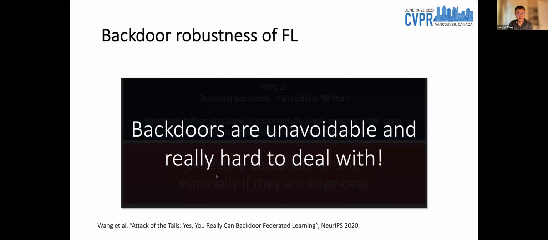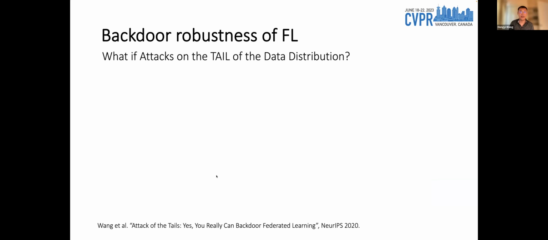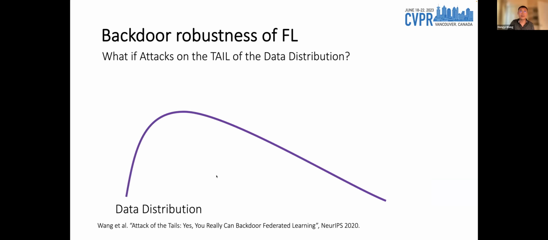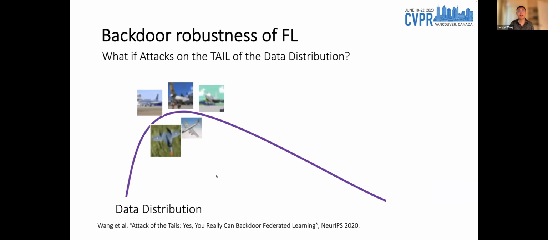So in practice, if we are sitting on the defender side, what kind of attack should we be careful about? That's what this paper calls a tail of distribution attack. Imagine there's a data distribution about airplane examples.